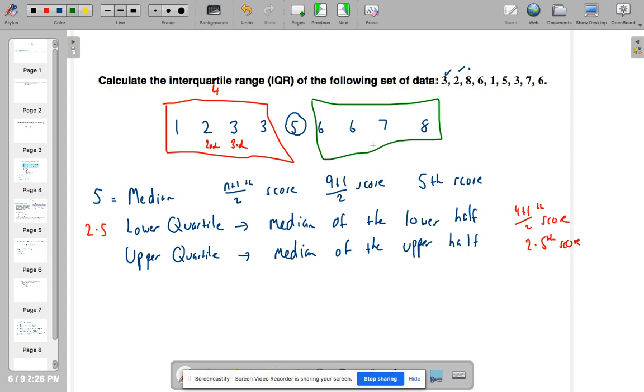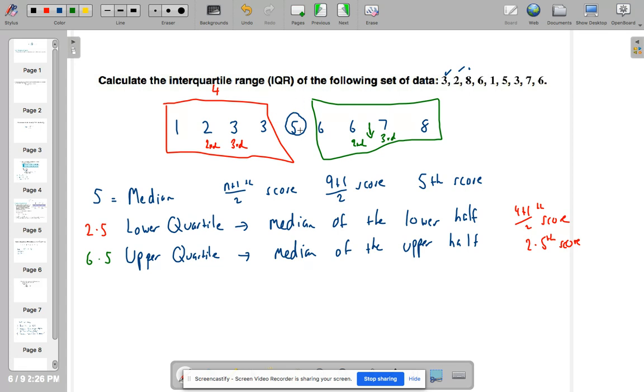If there's 4 things, I'm after the 2.5 score, halfway between the second and third. So remember, I'm just forgetting about all this other stuff. I'm just focusing on this top half. So there's the second score. There's the third score. So halfway between 6 and 7 is 6.5. So my upper quartile is 6.5.